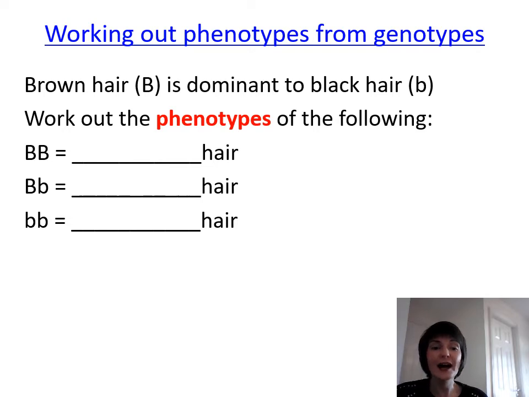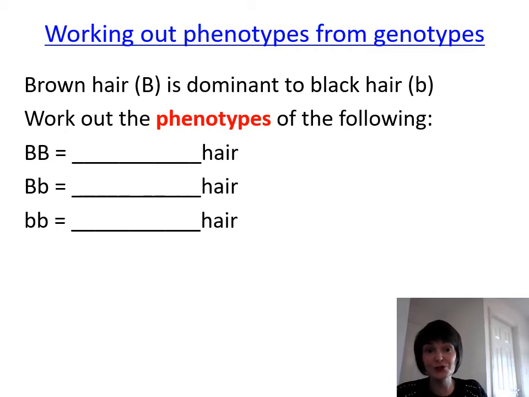So if you have big B, hopefully you would have recognised that is not a phenotype, that is a genotype because it's written in letters. And you've got two dominant alleles. So that genotype, the top one, could be described as true breeding because you've got two dominant alleles the same. And that can also be classed as homozygous dominant.